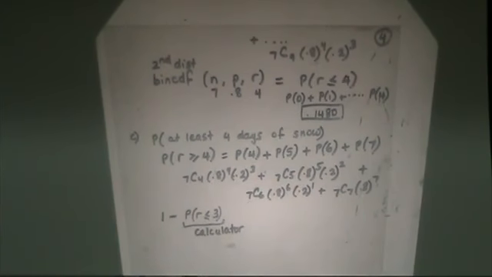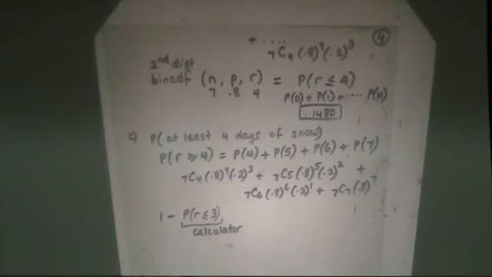So how about I do 1 minus probability R less than or equal to 3. Because this less than or equal to 3 can be done by the calculator. So let me explain.